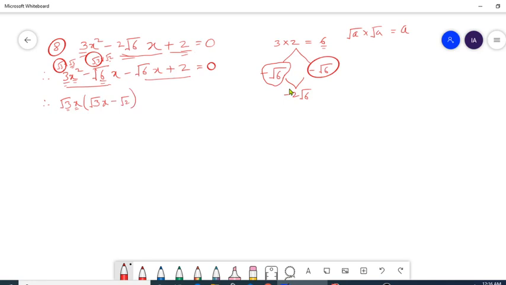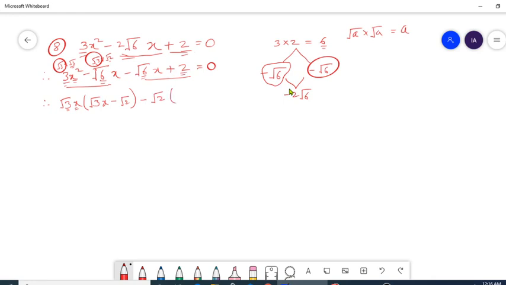In the same way, similarly, here this root 6 has root 3 and root 2, and this 2 has root 2 and root 2. So I can take out root 2 as a common factor.